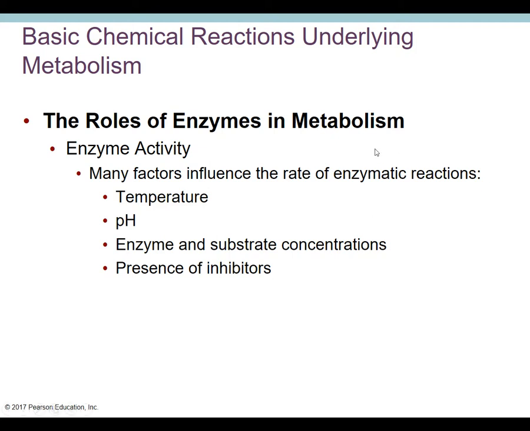So this actually ends up mattering a whole lot in terms of how bad an infection is and how the patient responds to it and fights it off. So there are factors that affect the enzyme: temperature, pH, the concentration of the enzyme itself, how much substrate is there, and the presence of inhibitor molecules.